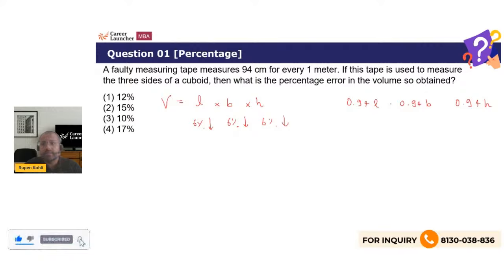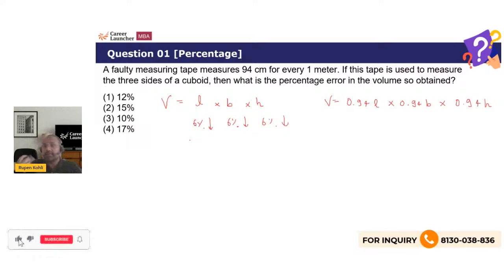If you multiply that, that will give you the value of the volume. It's 0.94 to the power 3 times the original volume. So obviously it's less than the original by how much percentage? Either in your calculator you can put 0.94 cube.